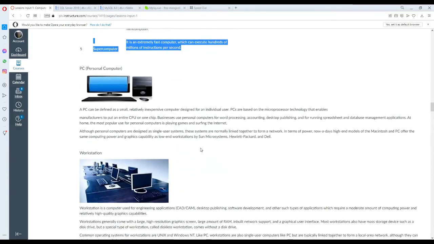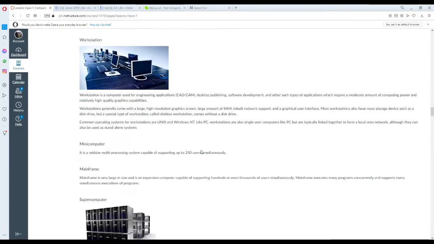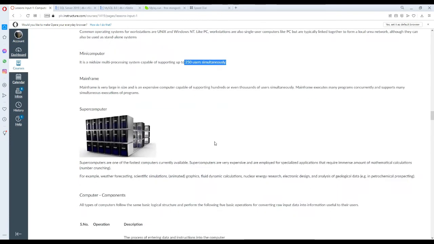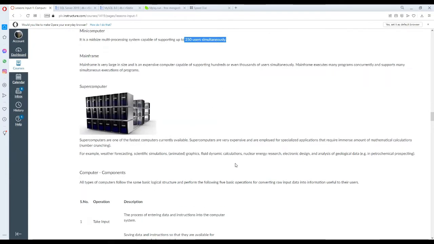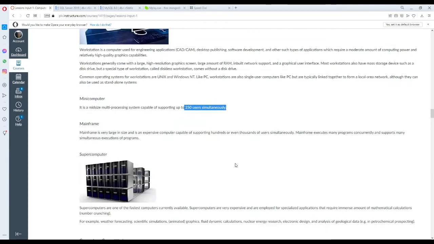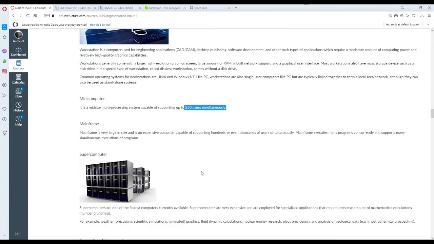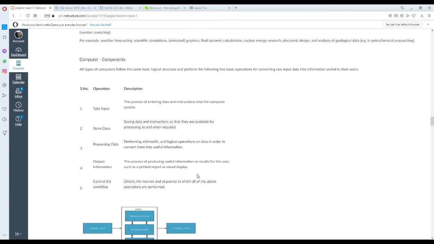Some of the types are separated also according to the users, like the mini computer, the mainframe and the supercomputers. But take note, during our particular generation, these terms or this particular type of computers can be interchanged. Meaning a PC can already be a mainframe, a PC can already be a supercomputer.